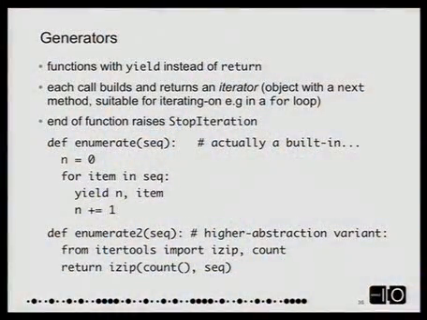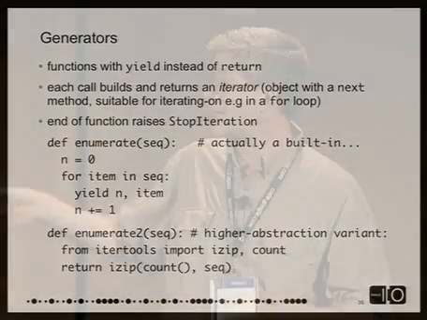This is the higher abstraction way of doing it. It uses the standard library module itertools, these tools for iteration, to do an element by element parallel zipping, and count, which is an iterator which yields the unending sequence 0, 1, 2, 3, and so on forever.